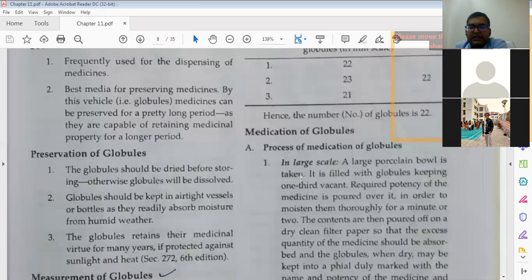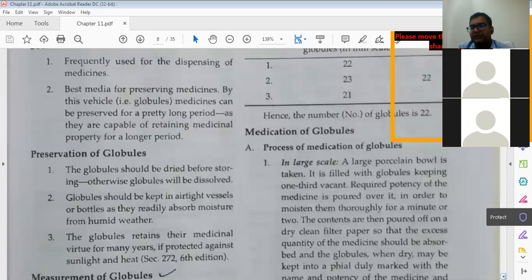In order to moisten them thoroughly for a minute or two, the contents are then poured off onto clean filter paper so that the excess quantity of the medicine is absorbed. When dry, the globules may be kept in a file duly marked with the name and potency of the medicine.